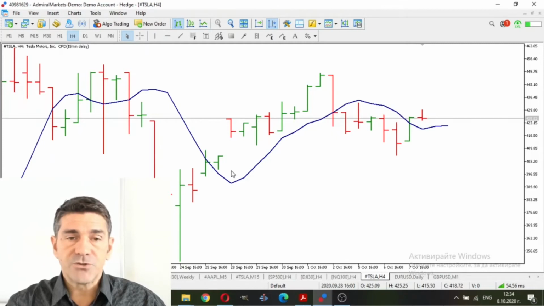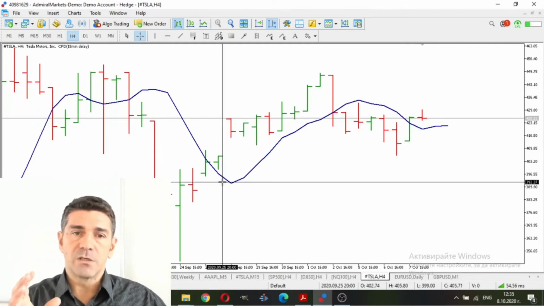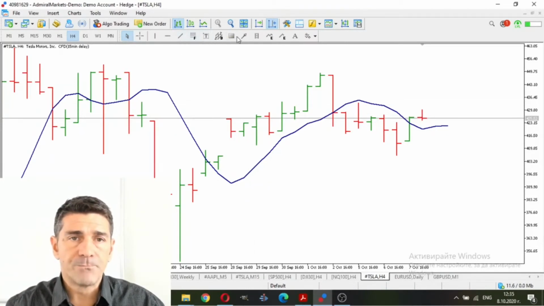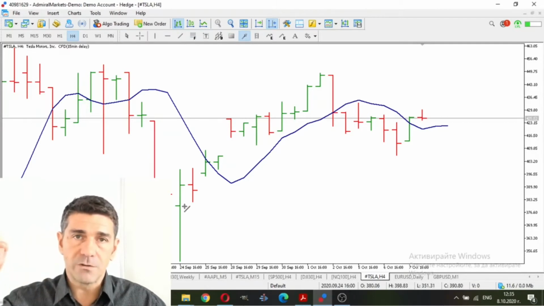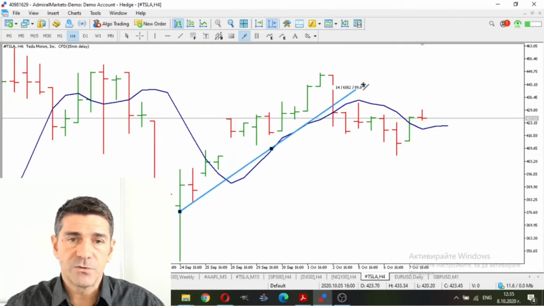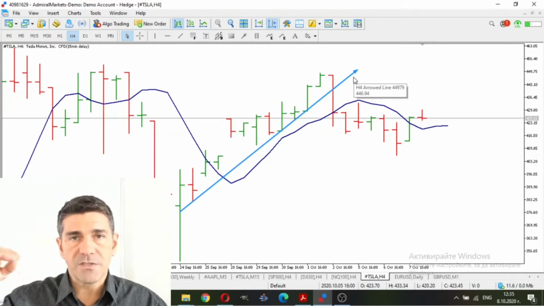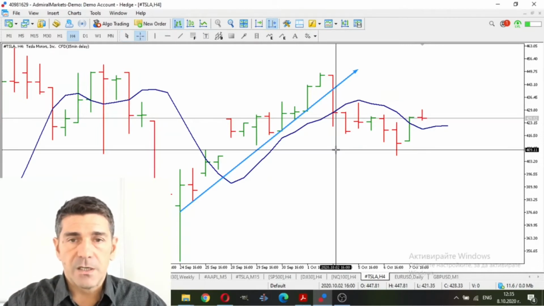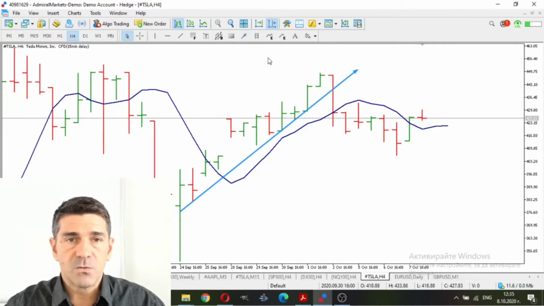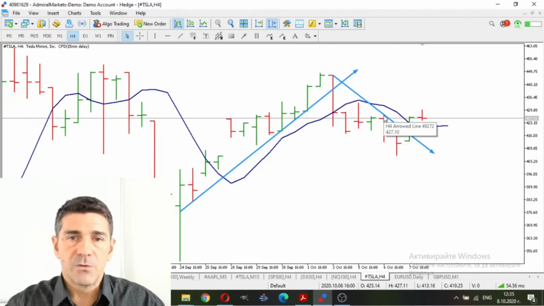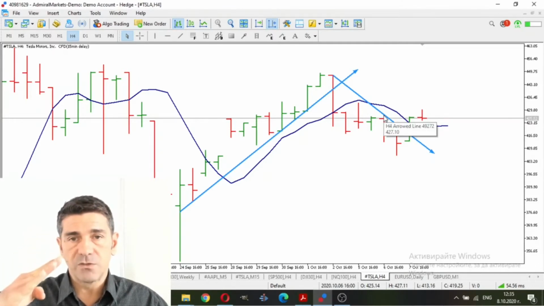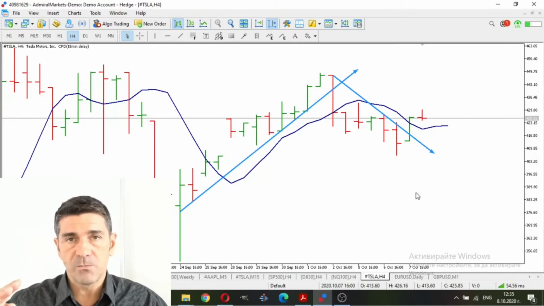It sounds pretty much like we are using classical trend lines, right? What do I mean? If we draw a trend line on the price chart in an uptrend, we have to put a line on the low prices. And if we have a downtrend, we have to draw a line on the highest prices on the price chart.